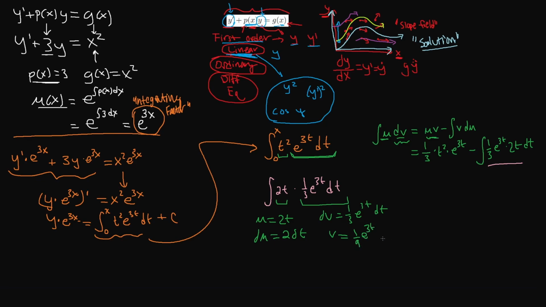And so now we know that this is equal to u times v. So we have 2/9 t times e to the 3t, and then minus the antiderivative of v times du, so 1/9 e to the 3t times 2 dt.